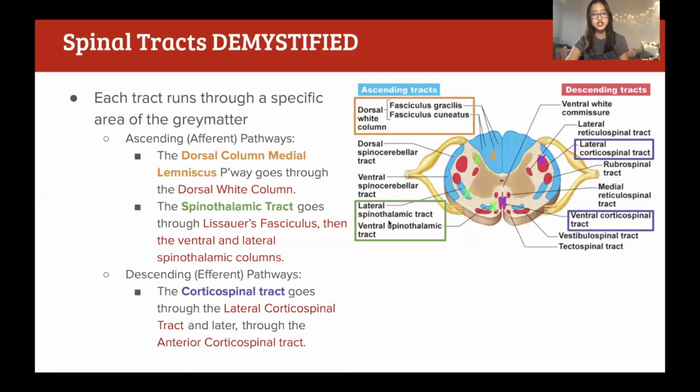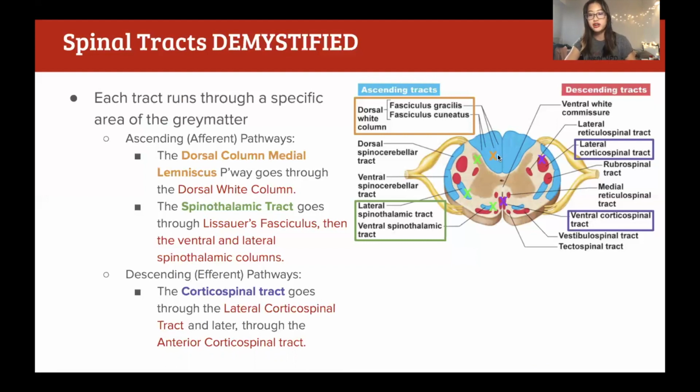This basically just includes the corticospinal tract, which goes from your brain through the lateral corticospinal tract and the anterior corticospinal tract. So as you remember from the DCML, if this is the dorsum of the spinal cord, then this is the ventral aspect of the spinal cord.